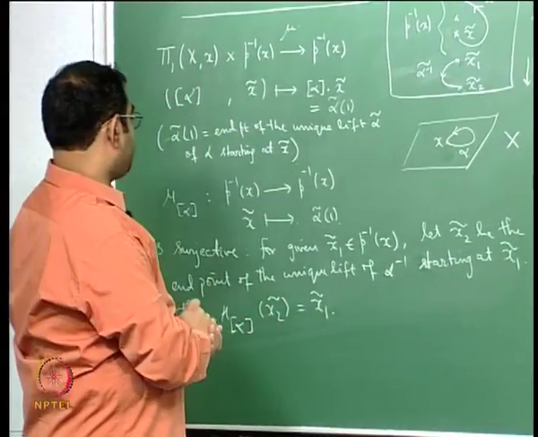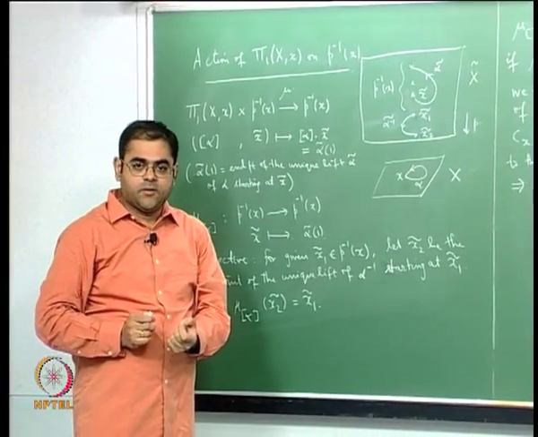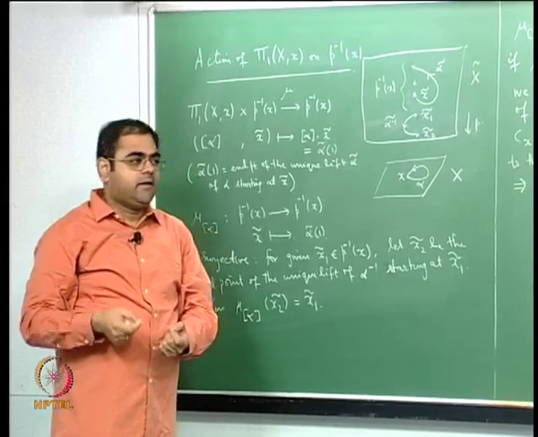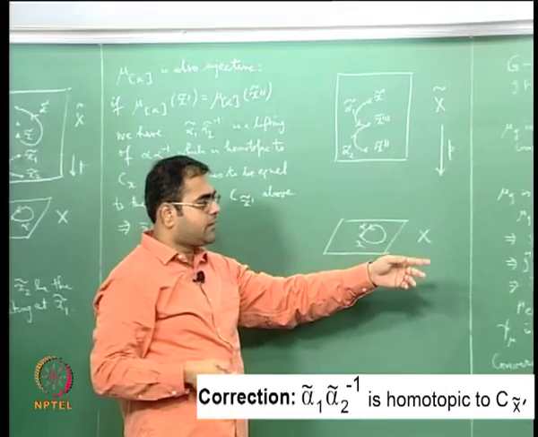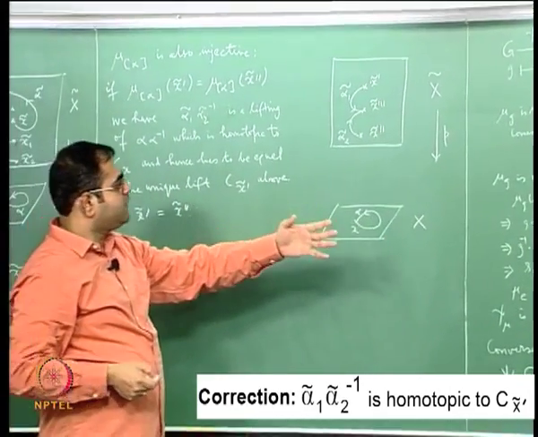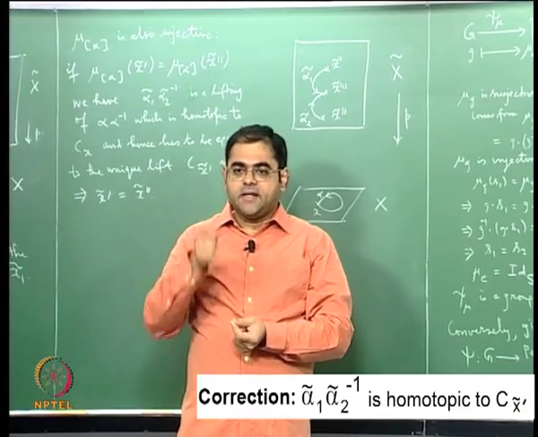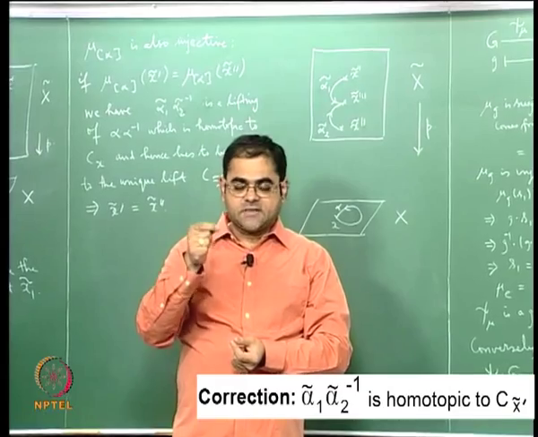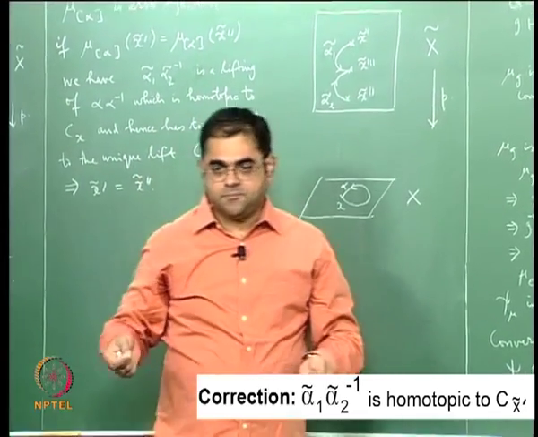So what I have established is that this is indeed an action. The fundamental group below acts on the fiber, it permutes the elements of the fiber. Now I will have to tell you two more things. Take any point on the fiber, say x tilde. My first claim is that the orbit of that point is the whole fiber.